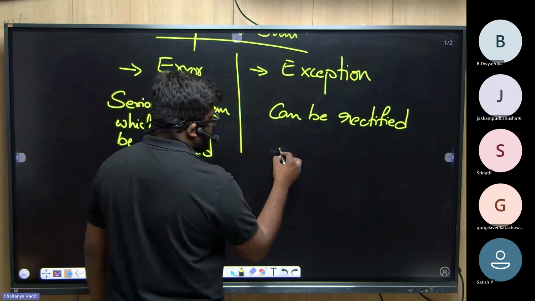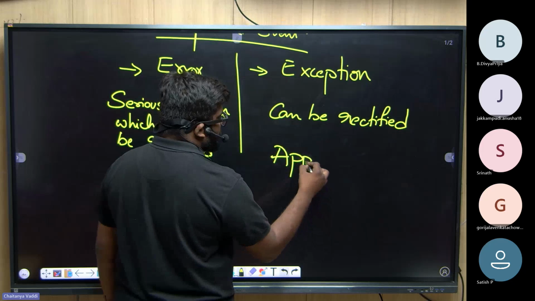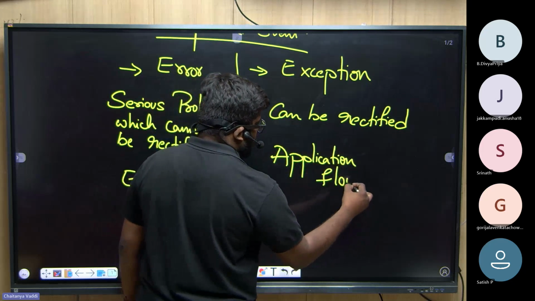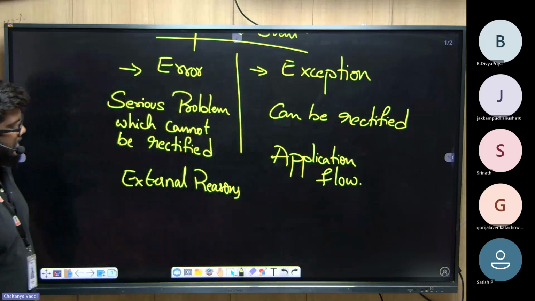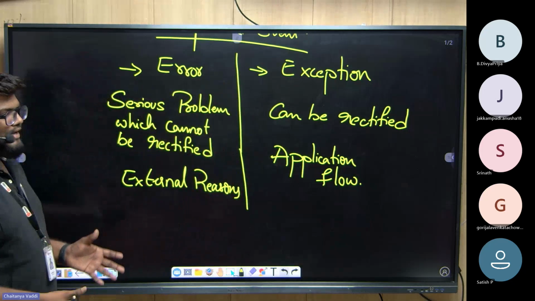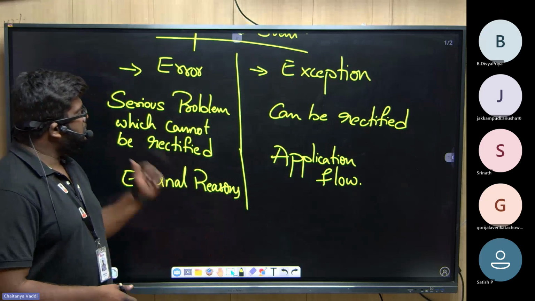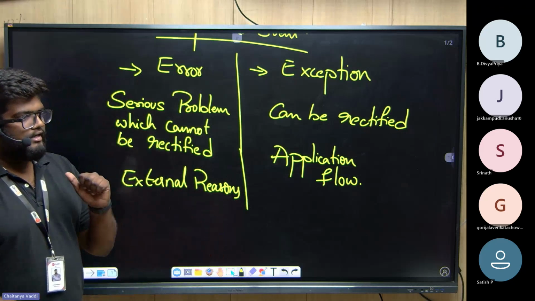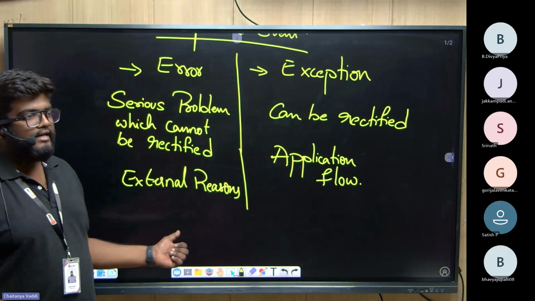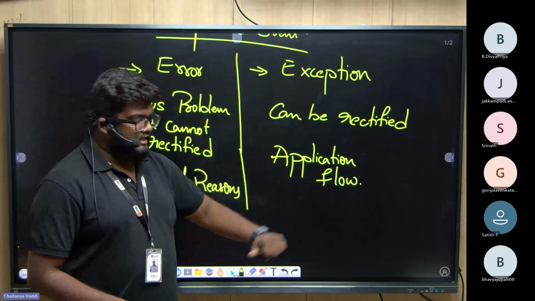But exceptions always happen inside the application flow. Okay. So this can be another reason that we can differentiate here, right? So in terms of examples, if we want to talk about this, you can consider recursive calls of a method as an error, and input mismatch can be an exception here.